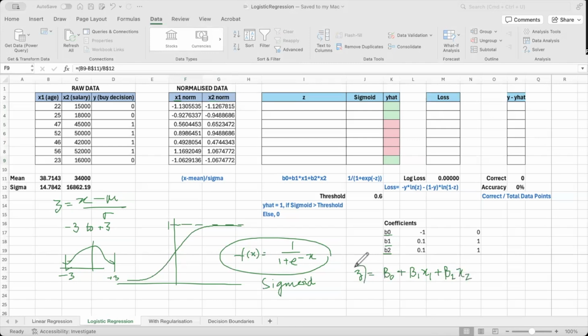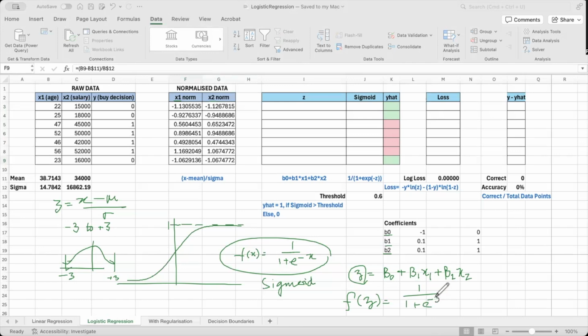Once I have found this z, then I can find the sigmoid function of z. So this will be equal to 1 by 1 plus e to the power minus z.